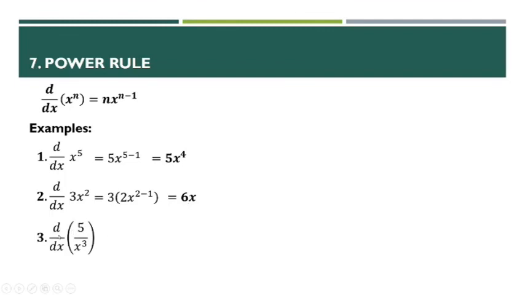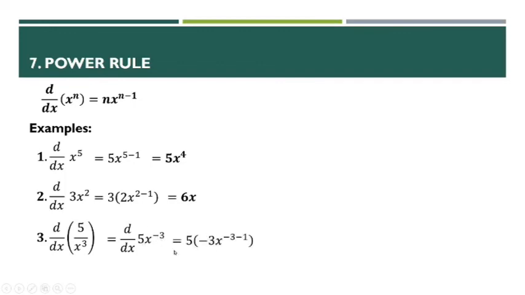Number 3, we have derivative of 5 over x cubed. So pwede nating itaas yung denominator as a negative exponent. So we have the derivative of 5x raised to negative 3. So performing again the power rule, so yung 5 is a constant, so pwede natin ilabas.